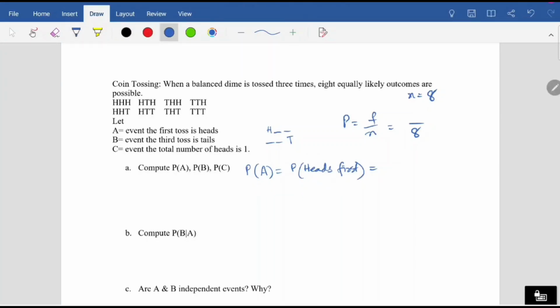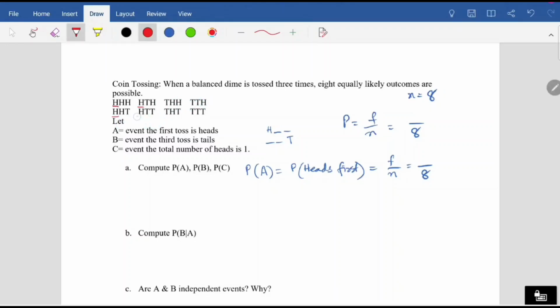But F is going to change based on the event that we are looking for. So probability of heads first is going to be F over N. If N is 8, then F is going to be, let's see, how many cases do we have where heads landed first? So it's this one here, right? That's 1, 2, not here, but here.